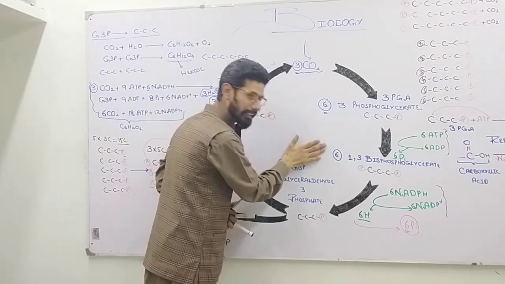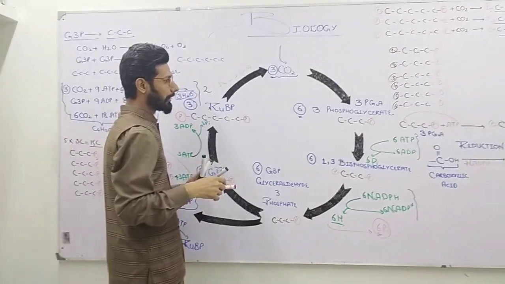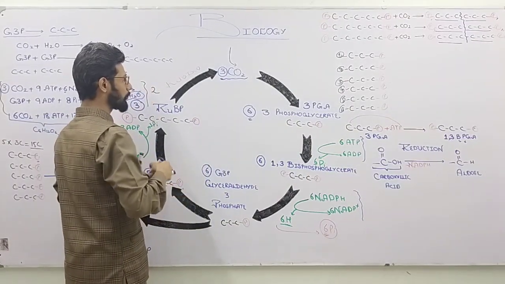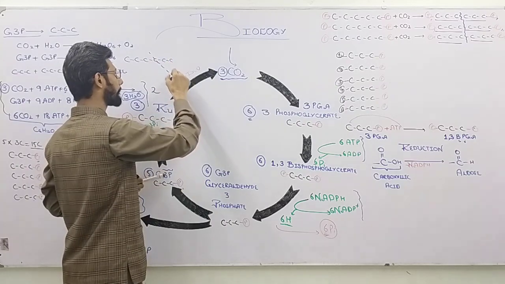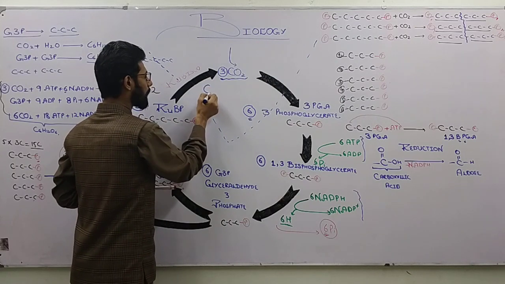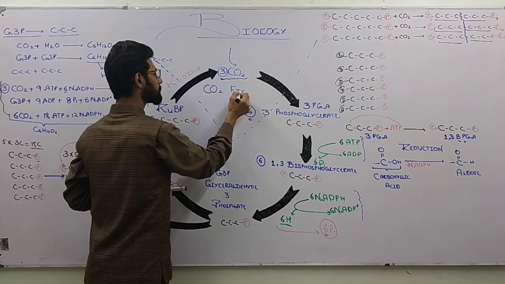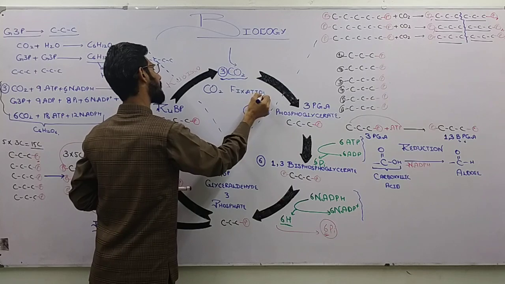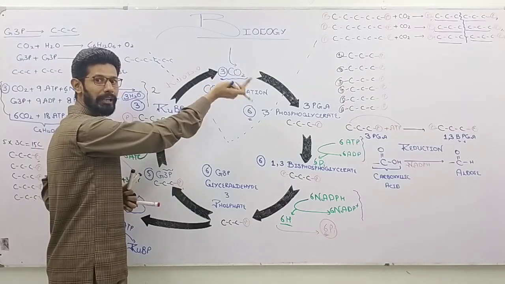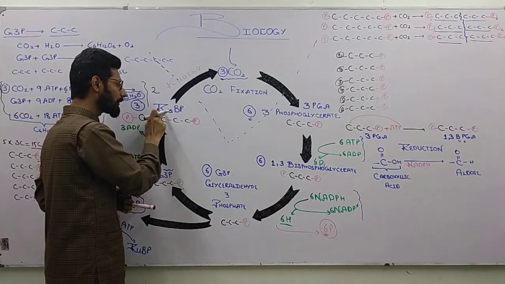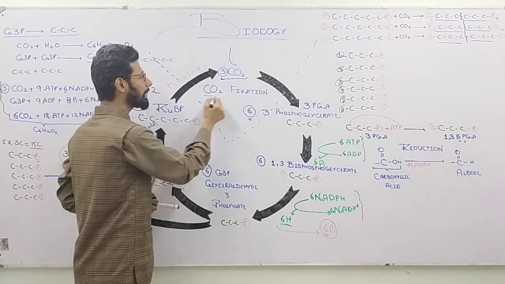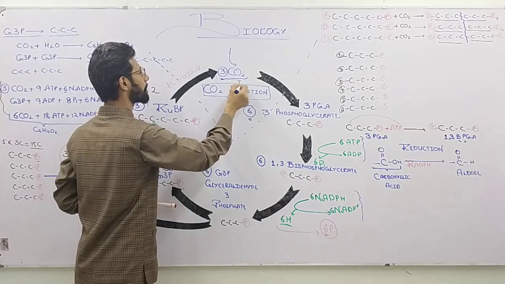So if you look at the cycle, you will find that there are 3 main steps happening in this cycle. The first one is carbon dioxide fixation, in which carbon dioxide from the atmosphere is added to ribulose bisphosphate to form 3-phosphoglycerate.